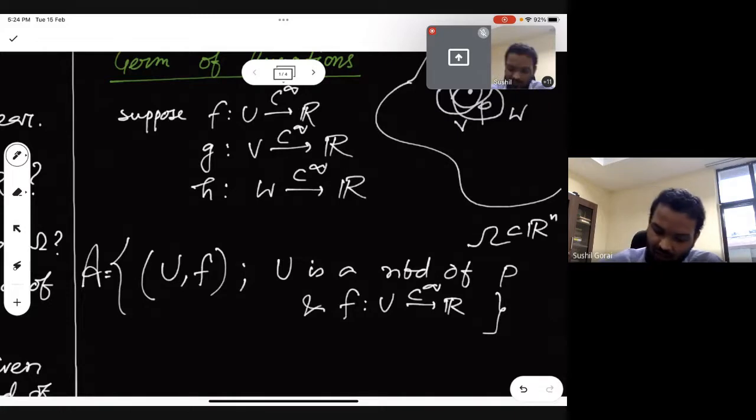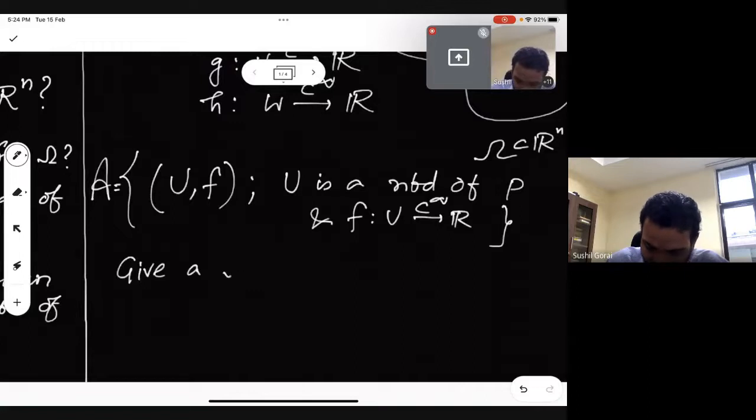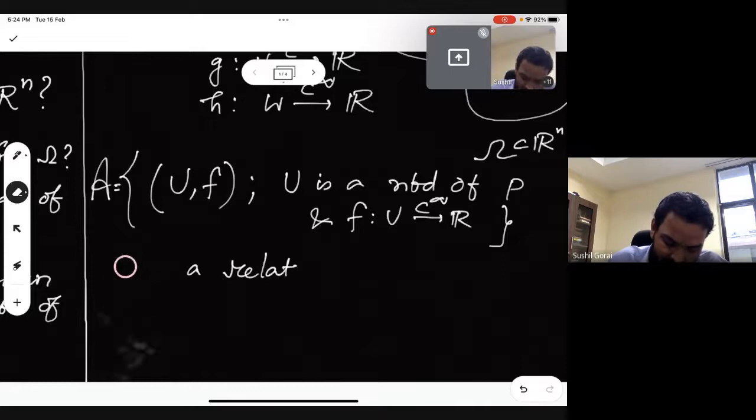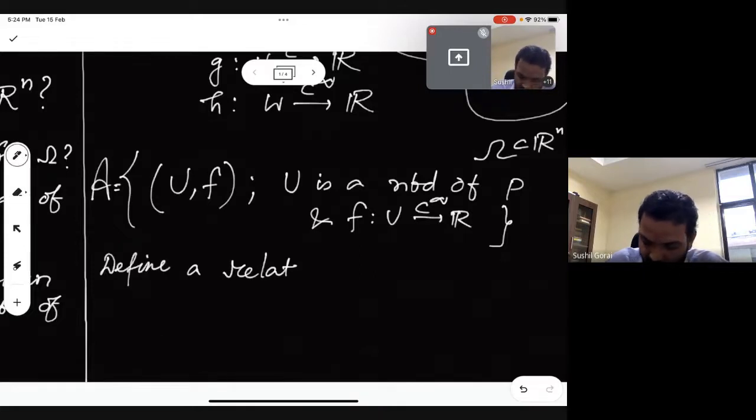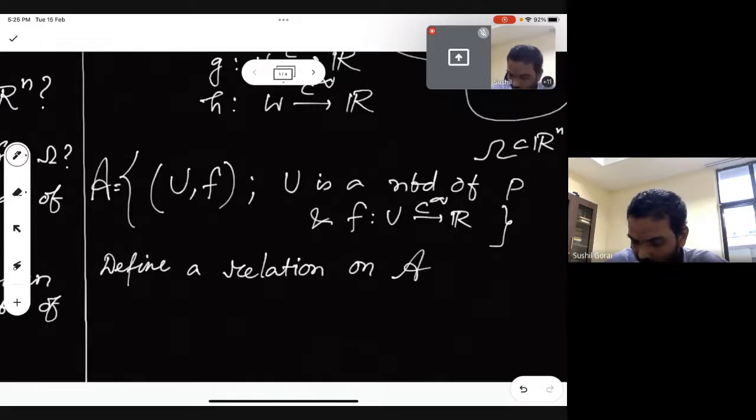Now we define a relation on script A as follows.